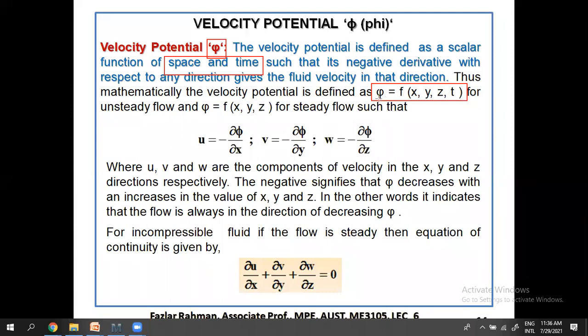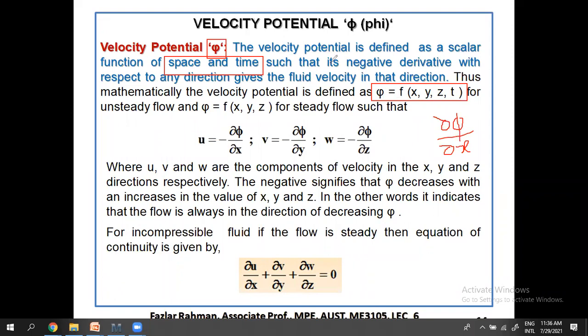If you take the derivative along the x-axis, the derivative will be del phi by del x. Along the y-axis, del phi by del y, and along the z-axis, del phi by del z.